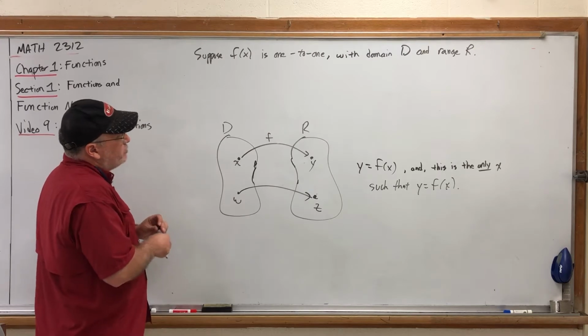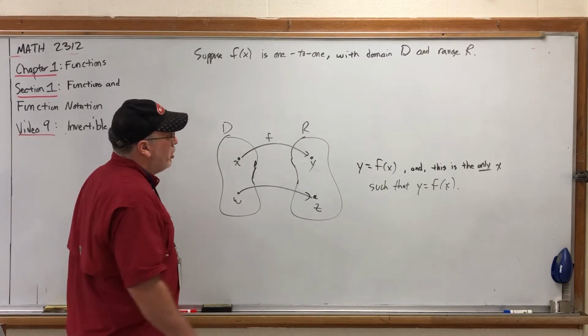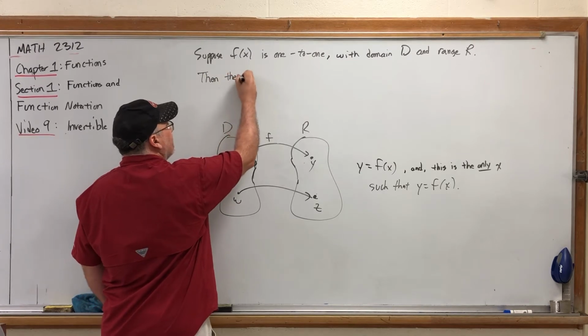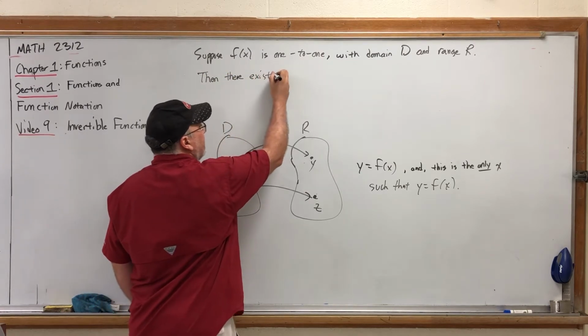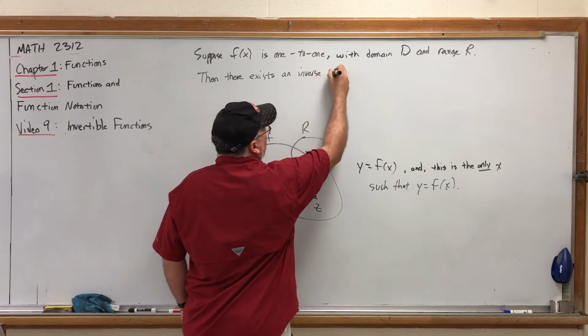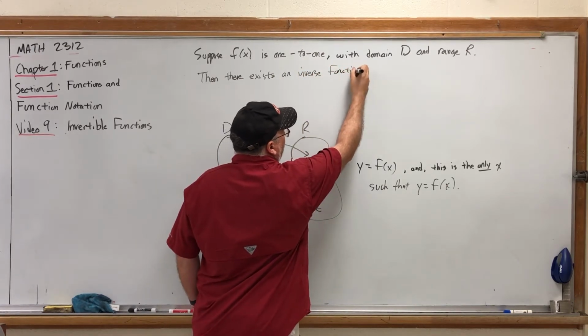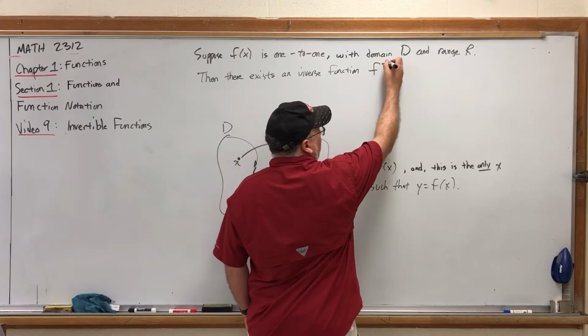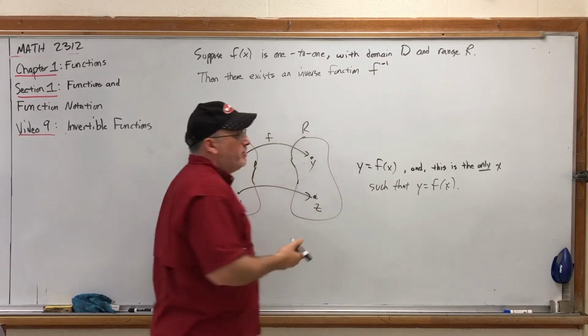Suppose f of x is 1 to 1 with domain D and range R. Then there exists an inverse function, and the notation for it is f superscripted with what looks like a -1 power, but it's not a power.